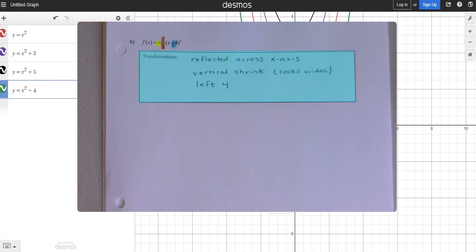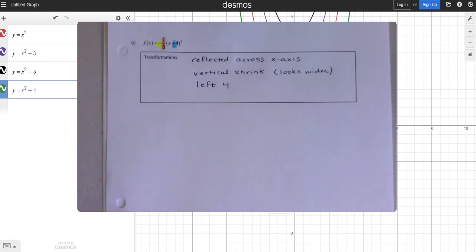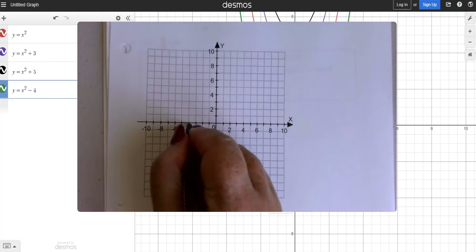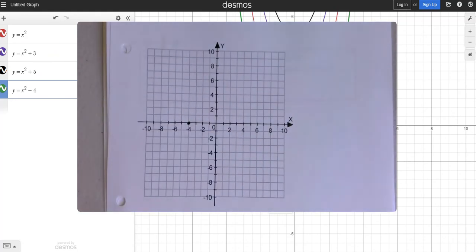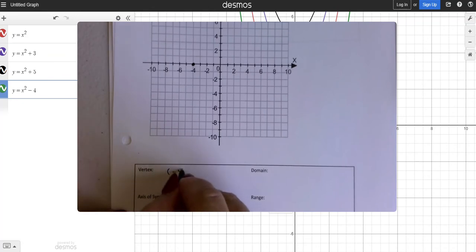Okay, so thinking about my graph, and I'm just going to locate my vertex right now. The only thing that really moves the vertex is this left 4. So when I think about what the graph's going to look like, the vertex is going to go 4 to the left and be at negative 4, 0.